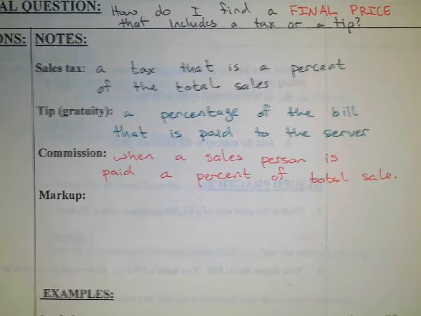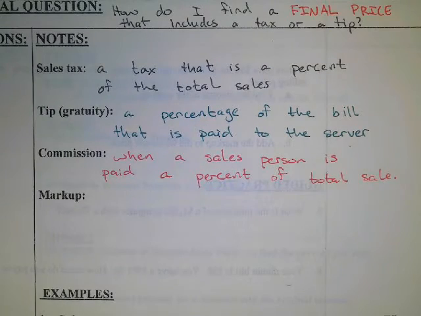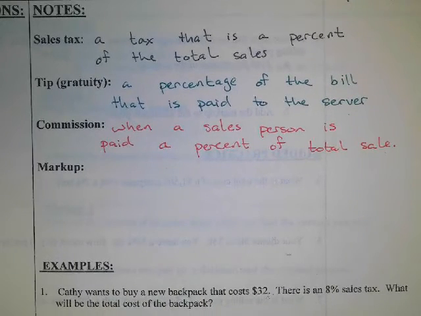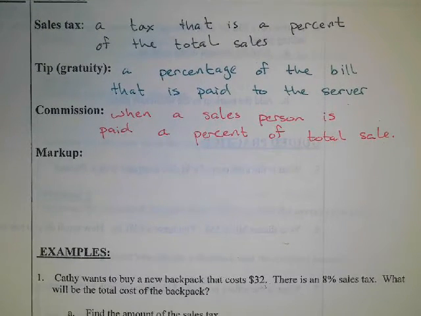Like for instance, a car salesman might receive like 2% of the value of the car. So that's how they make their money. They're not making money by selling the car. All that money would go to the car company, but the salesperson, that person you're actually interacting with, would receive a little bit of money from the actual selling of the car.